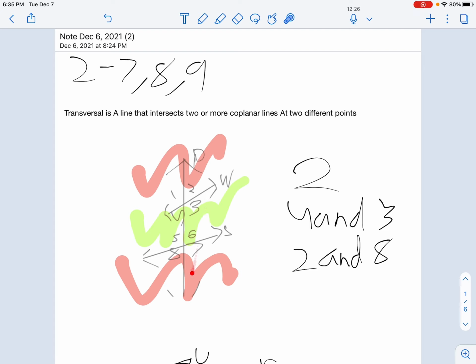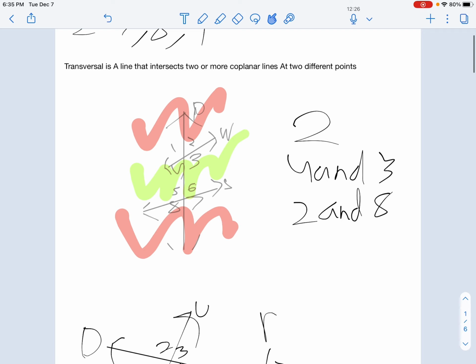Like I said, they are on the same side of lines W and S. For example, 5 is on the top left of S. So those are our corresponding angles.